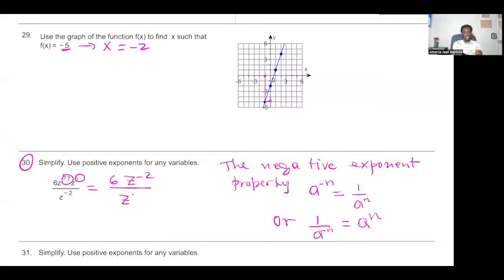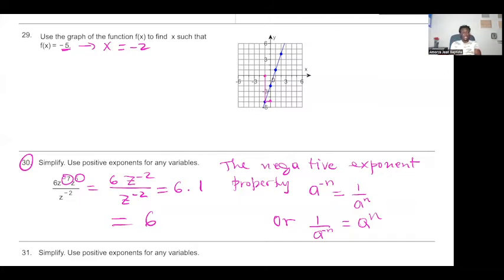Now, if I have the same variable raised to the same exponent both in numerator and denominator, it reduces to 1. So the circled part, z to the -2 power over z to the -2 power, is 1. So that's 6 times 1, which equals 6. Whenever you have the same exponent both on top and on the bottom, it cancels out to 1.